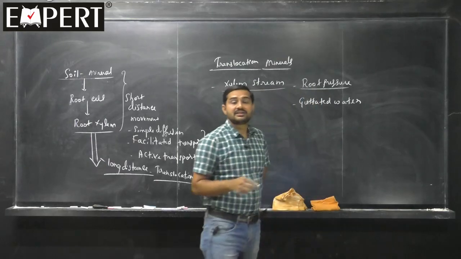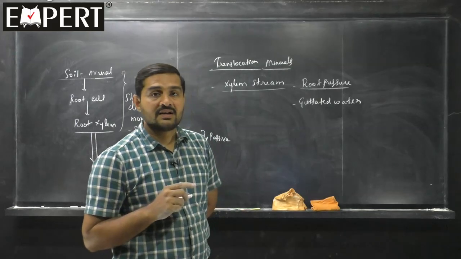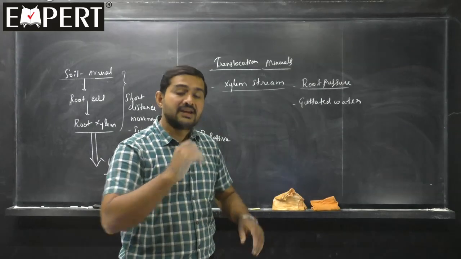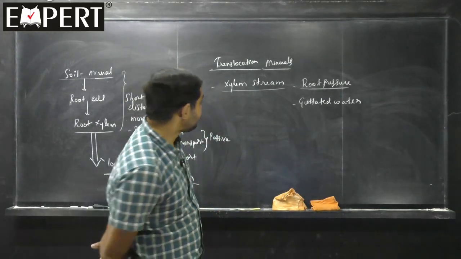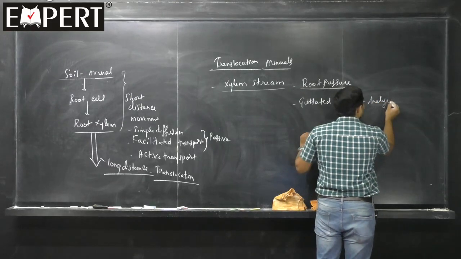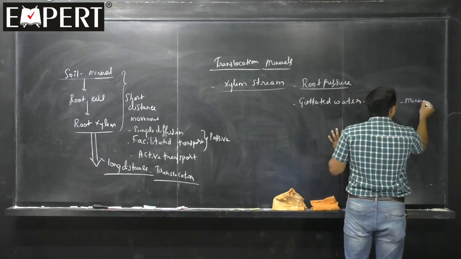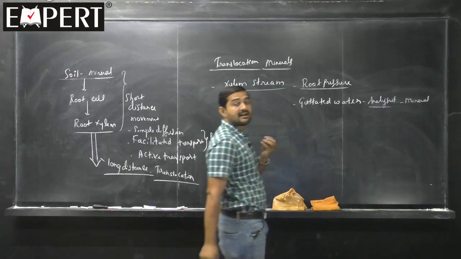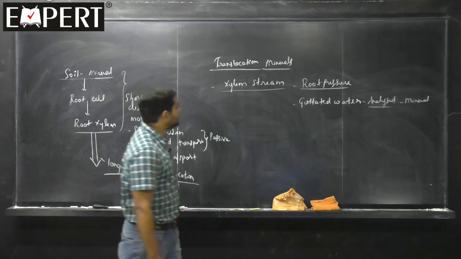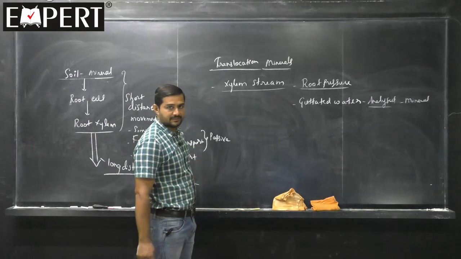What is guttation? The loss of water in the form of droplets by root pressure in the early morning in the herbaceous plant is called guttation. When the guttated water is analyzed, it is found to have mineral, which means it is impure. It is not like transpired water. Transpired water is a distilled water kind of thing. So, conclusion, the translocation of mineral occurs by a xylem stream.